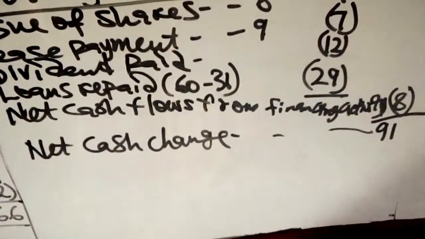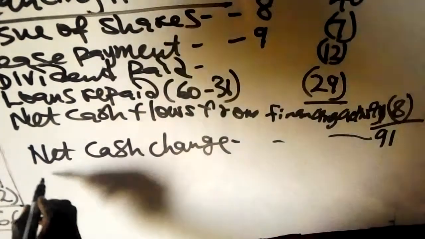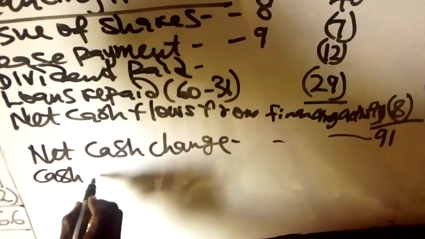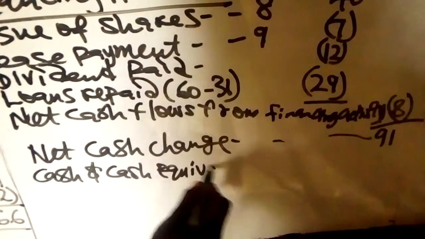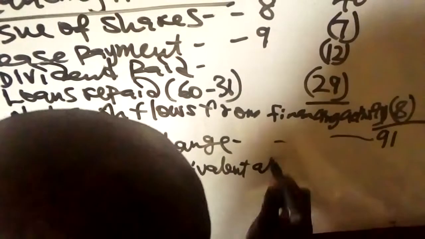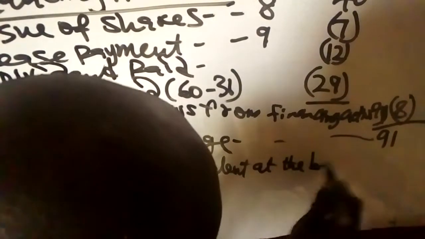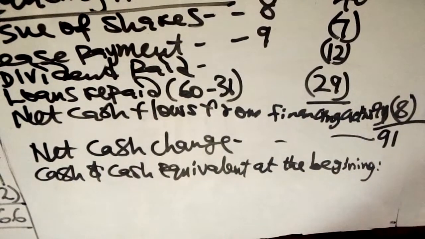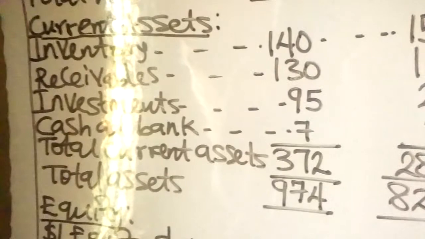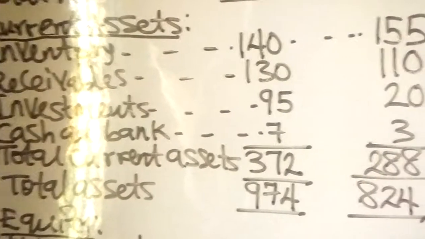Then the next thing is to consider your cash and cash equivalent at the beginning of the period. How much? Check your current assets and your current liabilities. Under current assets, we have cash at bank.